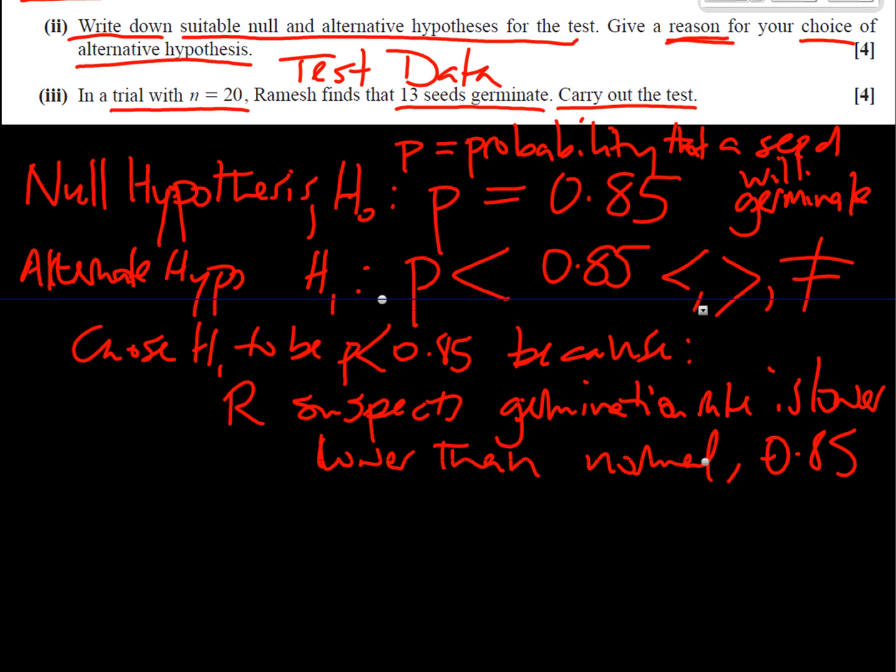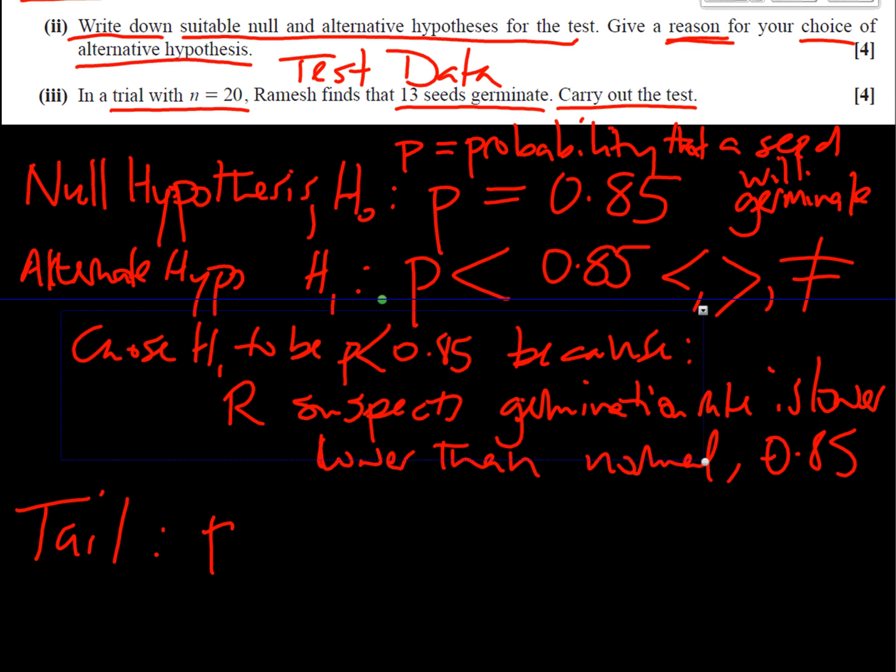The next thing we can find out here is how many tails we're looking at. So what do we mean by tails? Which areas are we interested in? We could have 1 tail or 2 tails, because for 2 tails we might be interested in higher or lower probabilities, or for 1 tail, it could be just higher or just lower.